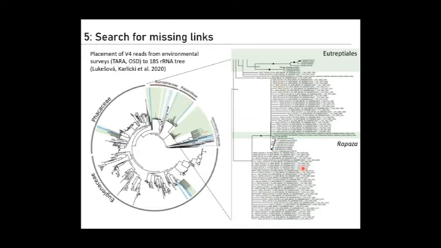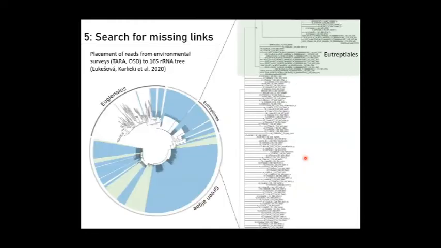As you can see here, there is a single known Rapaza, but a whole bunch of other reads forming quite new clades, which would be interesting to get into the lab. And the same applies for 16S, in which we found a whole bunch of reads located somewhere between euglenophytes and the green algal part of the tree.